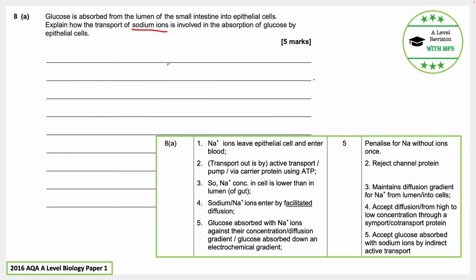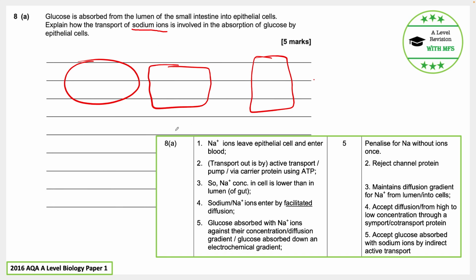So let's say we've got the epithelial cell here, we've got our lumen here, and we've got our blood here. Okay, this is our cell, this is our lumen, and this is our blood.